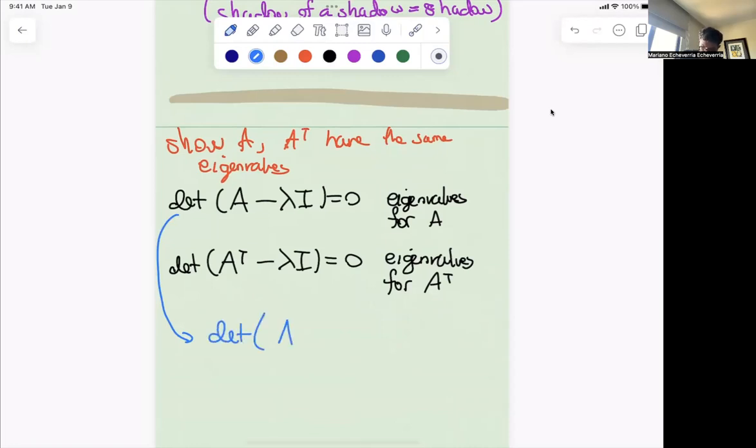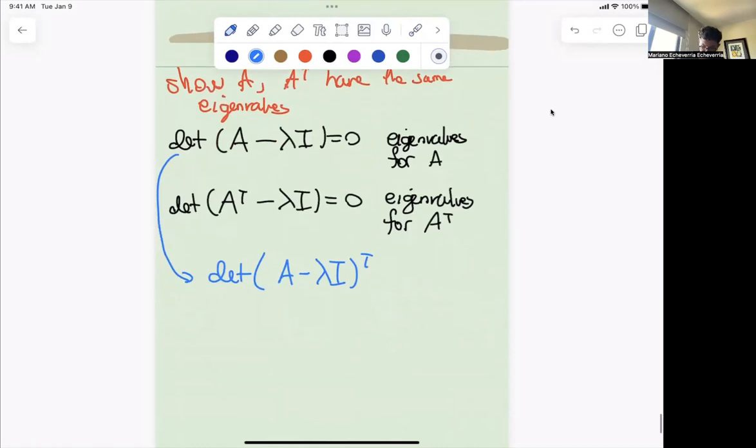So this is the same as the determinant of (A minus lambda I) transpose, because the determinant doesn't change when you transpose it. But then what is the transpose of a sum or a subtraction of two matrices? It's just the individual transposes. So this is the determinant of A transpose minus lambda I transpose.